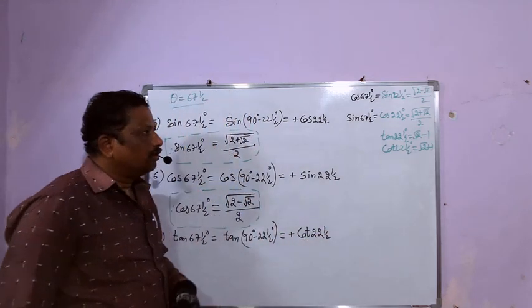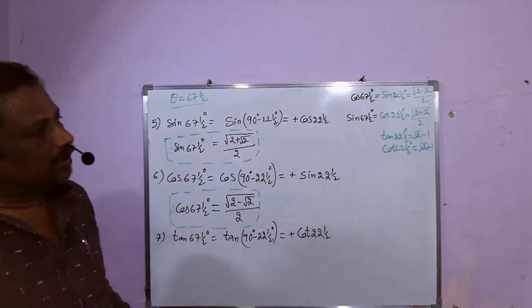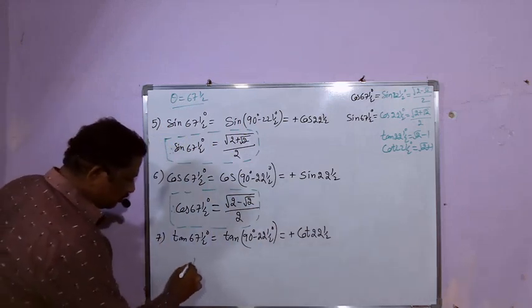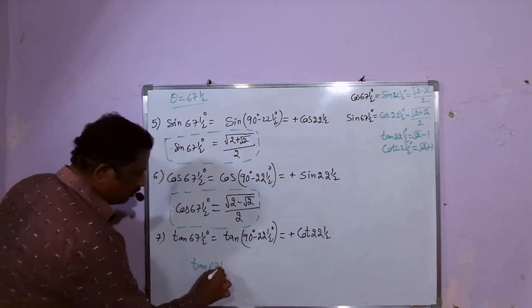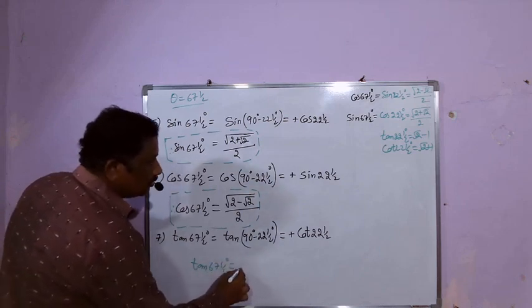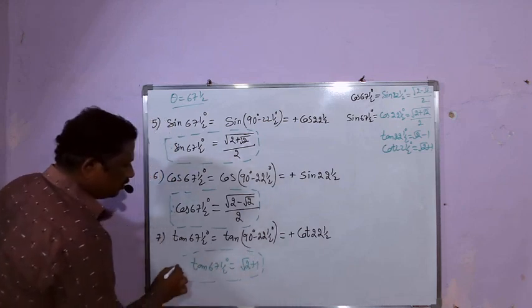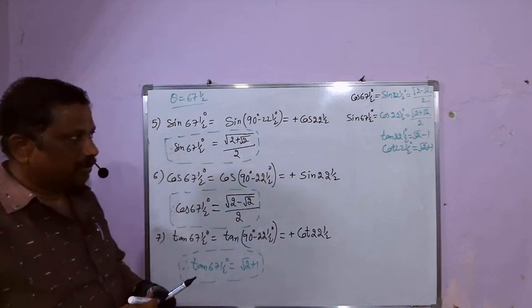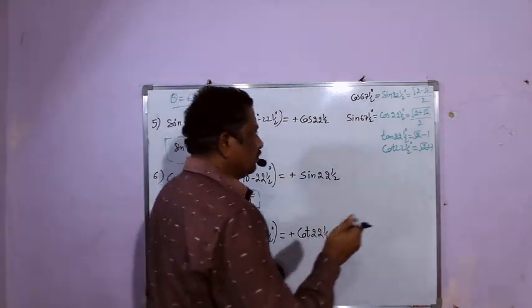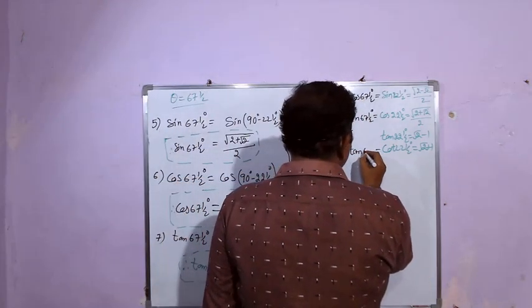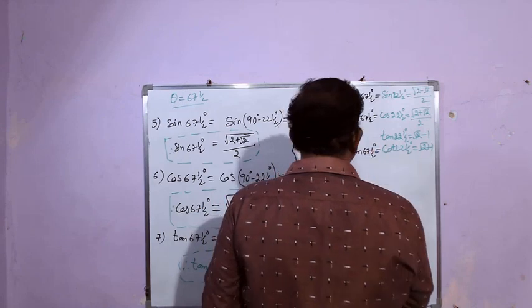So cot 22.5 degrees we already know now. There we wrote the cot 22.5 degrees value. Tan 67.5 degrees is equal to root 2 plus 1. This is tan 67.5 degrees. Okay.